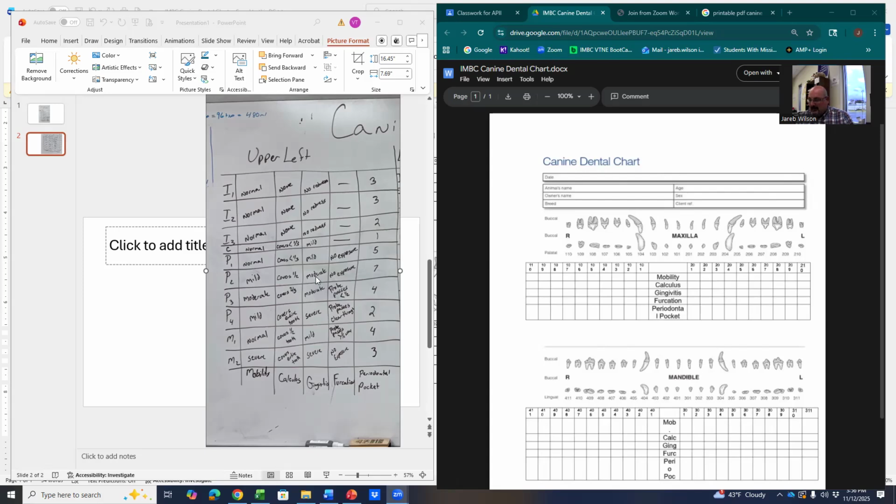When I put this chart on here, I tried to put them out of order so that you weren't going in a circle. The cat one does, but the dog one just jumps around. So make sure that you have the correct dentition or numbers when you're writing this stuff out.